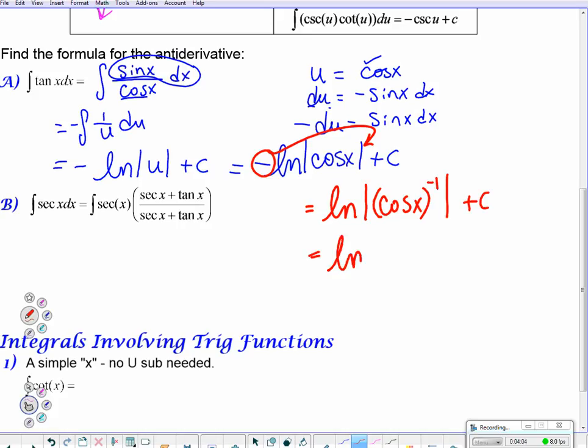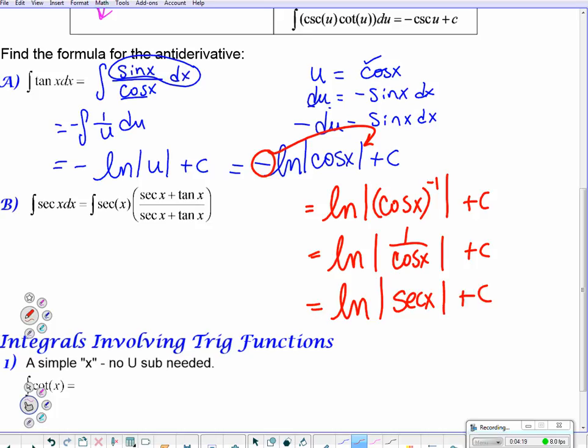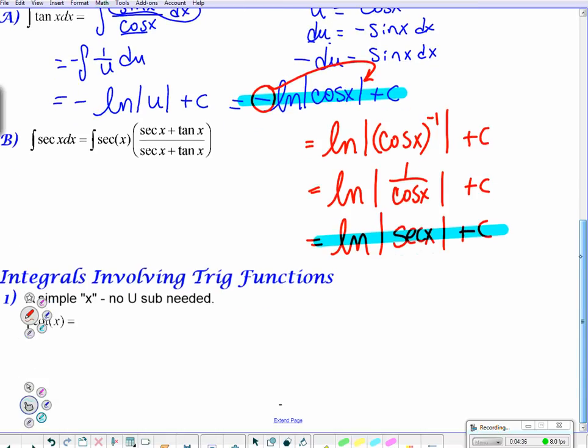But we know that cosine to the negative 1 is like 1 over cosine, and 1 over cosine can be restated as natural log of secant x plus c. So indeed, sometimes you will see this used as a statement for the integral of tangent, where you get positive natural log secant. This is also acceptable. So be ready and understand that there are two potential answers there.